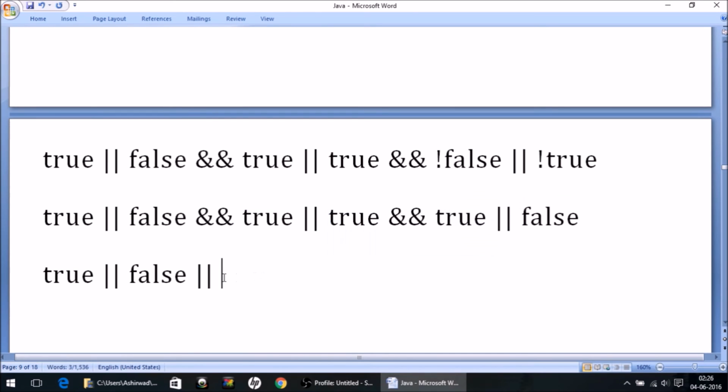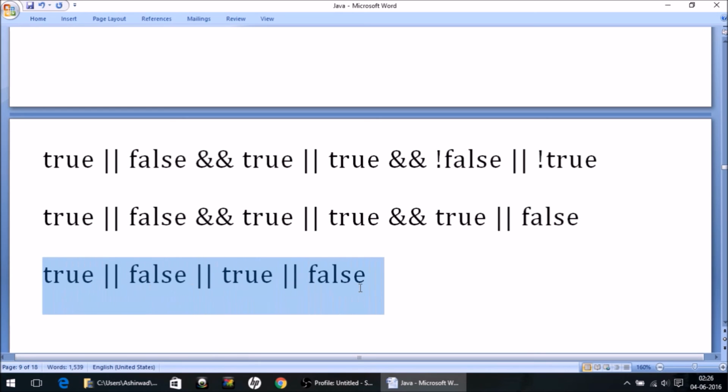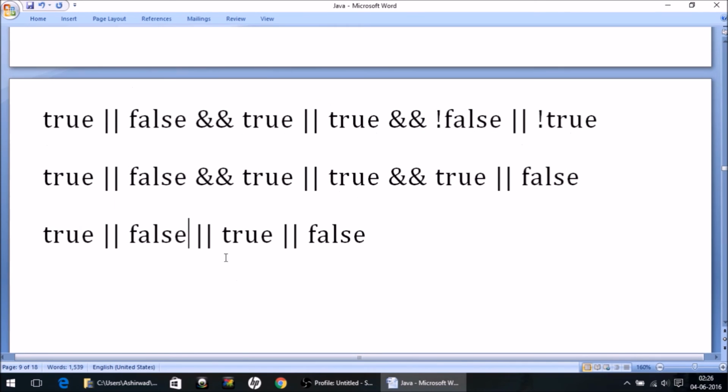It will give us the value true. Quite easy. And then I will write OR false. So in this whole statement, now you can see all the way we have OR operators. You just have to look at whether you have any single true value here. We have one, so we can conclude here itself that the ultimate result is going to be true.